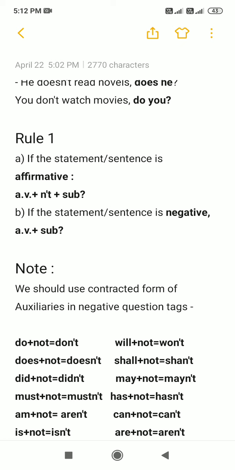If the statement is affirmative, the question tag should include the auxiliary verb of that particular verb, then the contracted form of the word not, N-O-T, plus the subject. And if the statement is negative, it should have only auxiliary verb and then subject.